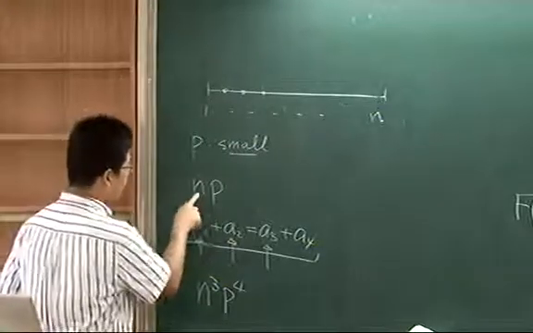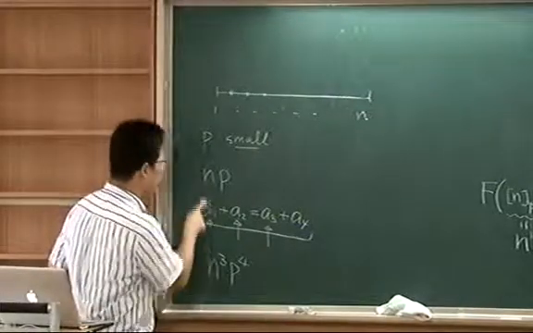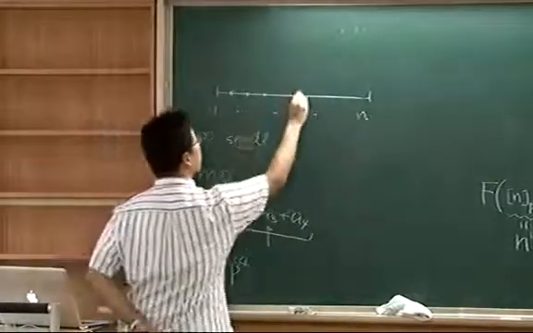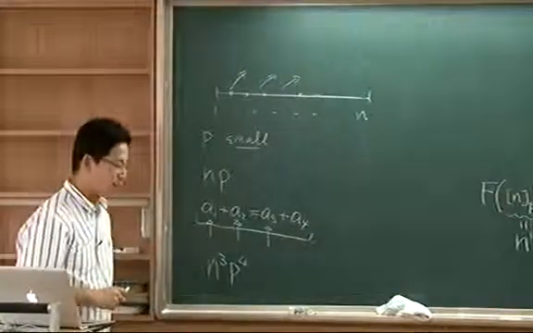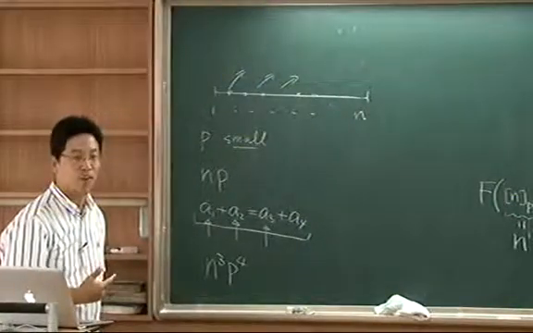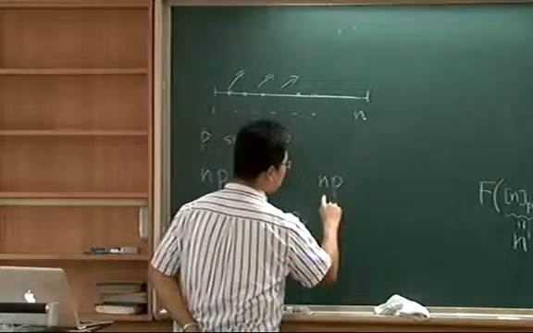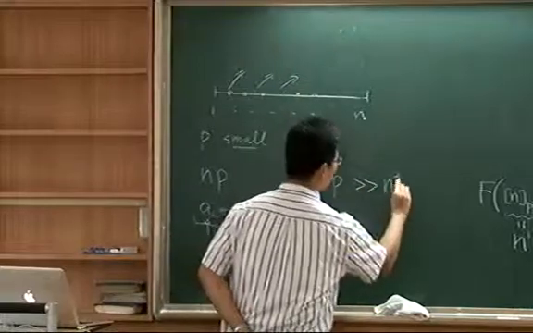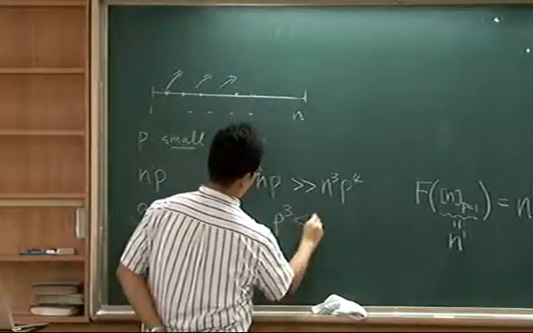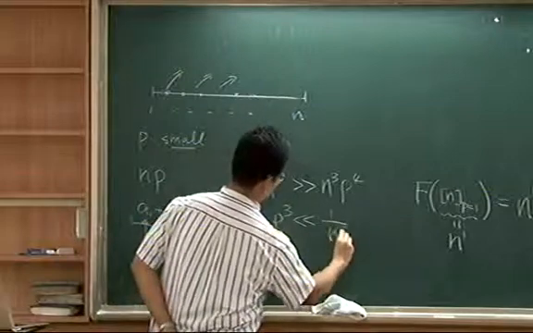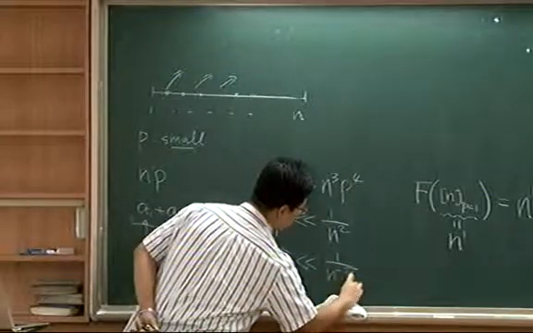So if this value is far greater than the other, or on the other end, if this is far smaller than that, then from the random set, by deleting several elements, we can find a Sidon subset which does not contain any non-trivial solution. So this is the case when np is far greater than n cubed times p to the 4. So this is exactly when p is far smaller than n to the negative 2/3.